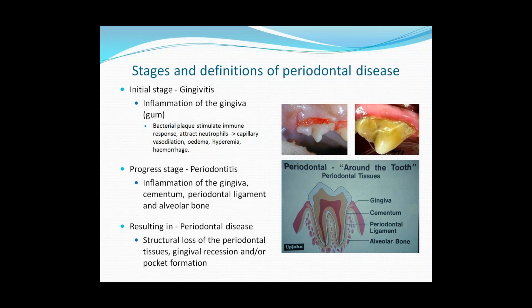And when we have periodontitis, the disease encompasses all of those four structures. And if you compare that back to gingivitis, gingivitis just involves inflammation of the gingiva. So the result of gingivitis and periodontitis is periodontal disease. And periodontal disease, by definition, is the structural loss of these four structures.